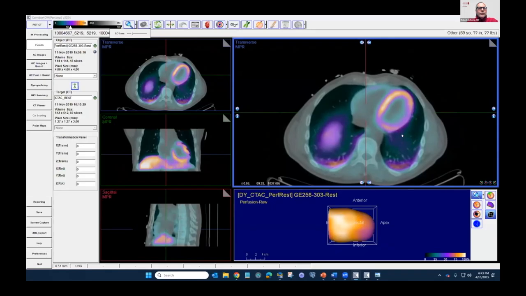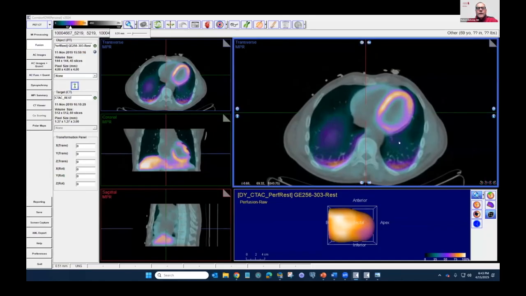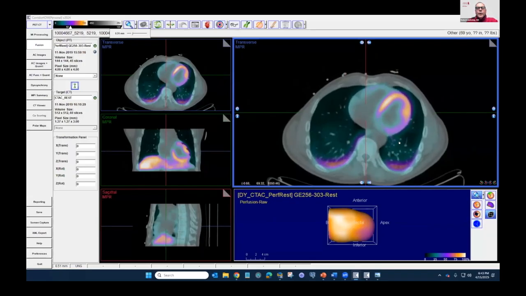My own preference, if you have a 64 slice or a higher capability machine, is to try and target something at normal end expiration, if you have the ability to do timing, because then the lungs are relatively deflated compared to the PET images, which are acquired over many breathing cycles, and the heart is a little bit easier to fit into the CT silhouette.